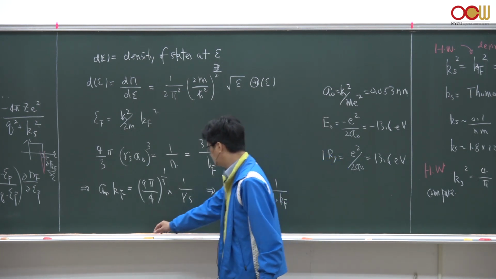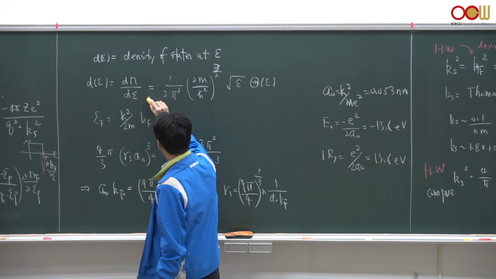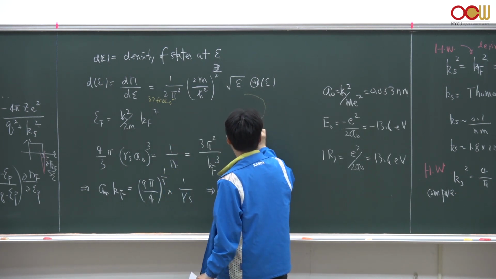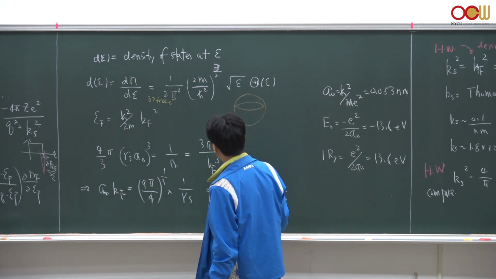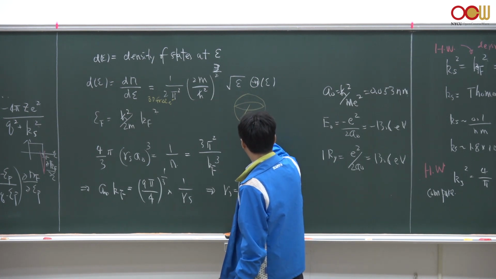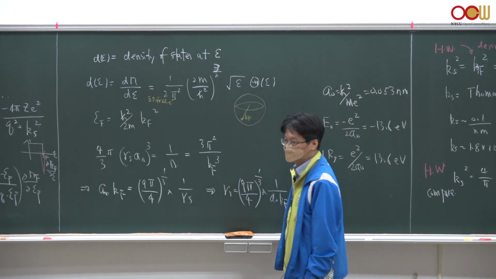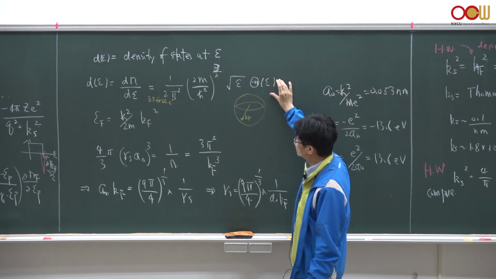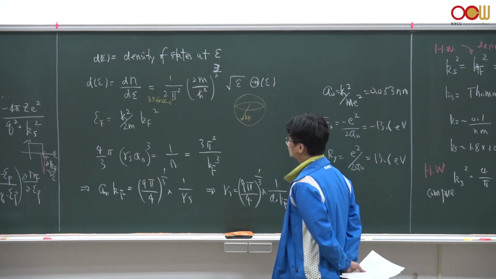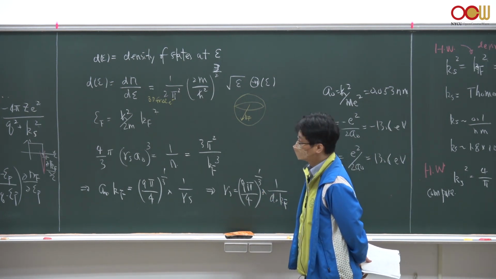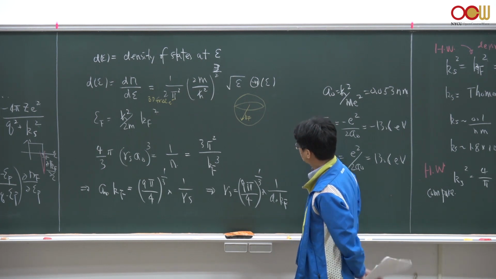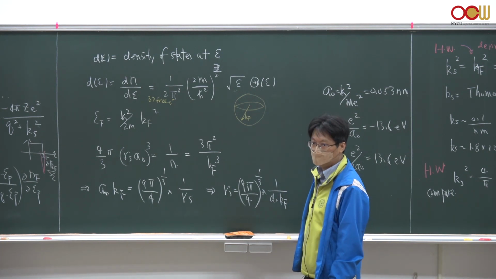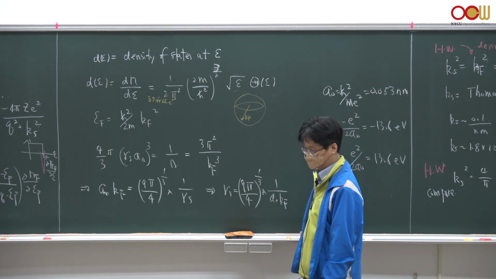And from the free electron model in 3D, we know that there's a Fermi sphere, and there's a Fermi volume with a radius of Fermi momentum kF, and so on and so forth. You could easily get this estimation in the free electron model. So you get a square root epsilon dependence of the density of states for the free electron gas.